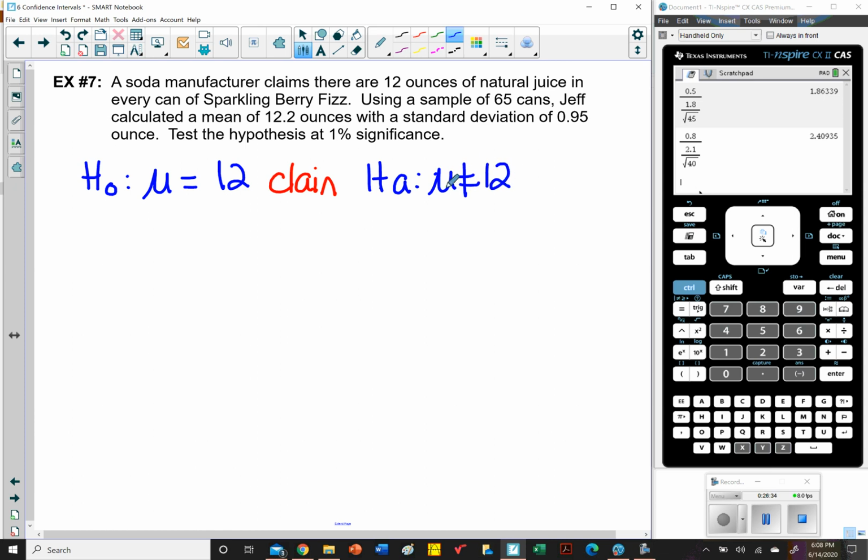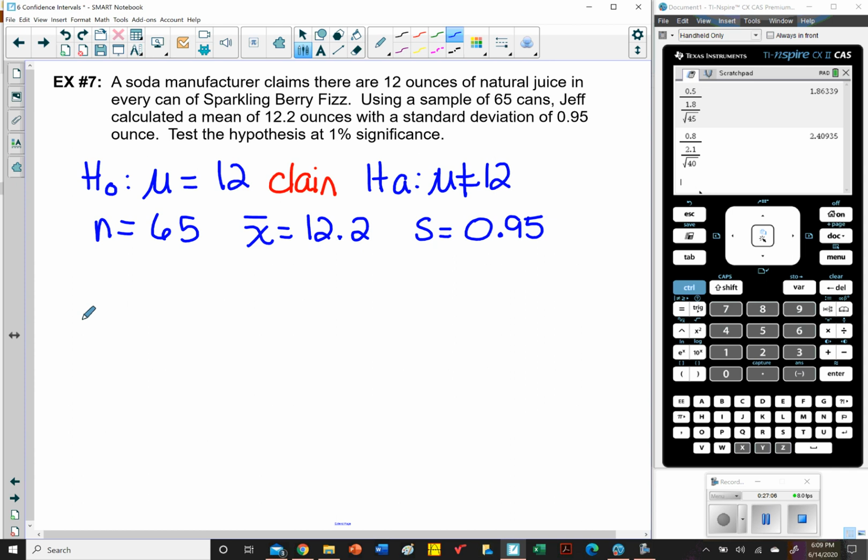Again, when that inequality happens, we're talking about a two-tailed test. If we use a sample of 65 cans, that's our n value, Jeff calculated the mean to be 12.2 ounces with a standard deviation of 0.95 of an ounce. That's almost a full ounce. We want to test the hypothesis at 1%.